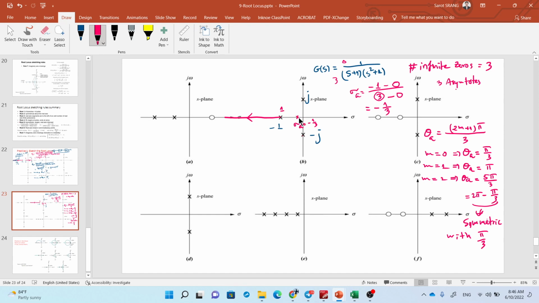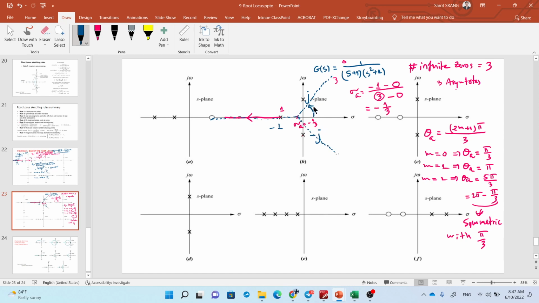So let's draw it. The first one is pi over 3, 60 degrees. So it means like this. And pi, which means, oh, I should draw it in blue. And another one is this one, okay. And then, yeah, let's draw like this. And this one is symmetric with the first one, okay.